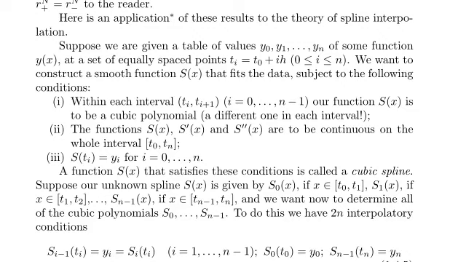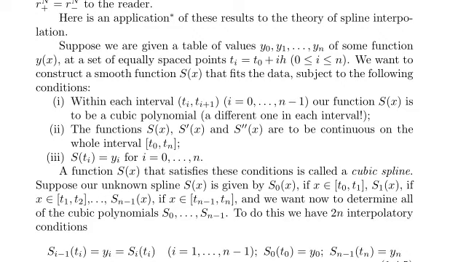Suppose our unknown spline S(x) is given by S0(x) if x is in the range t0 to t1, S1(x) if it's in the range t1 to t2, and Sn-1(x) if it's in the range tn-1 to tn.